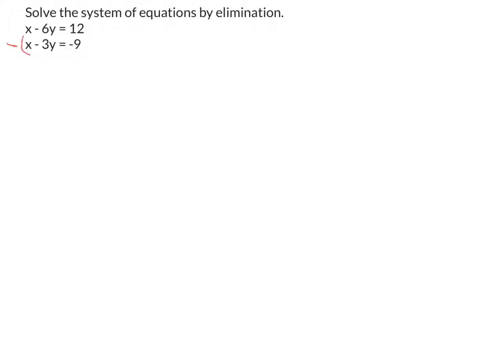Well, that means I'm subtracting the entire bottom equation from the top. And so what that looks like, I'm going to still have x minus 6y equals 12, but the bottom I have to show I'm subtracting. So I do a minus x, and then minus the negative 3y, which makes it plus 3y, and that's equal to minus a negative 9, or plus 9.